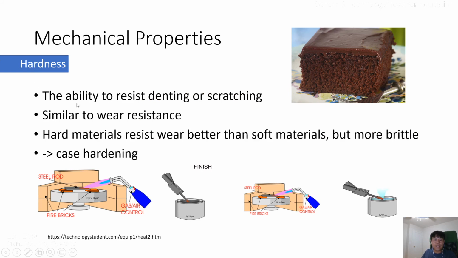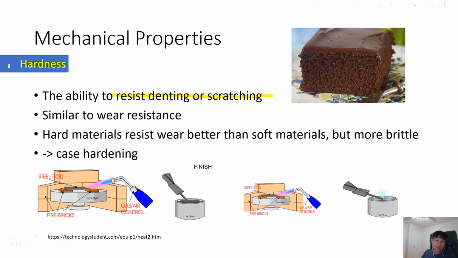All right, I have some other slides. Hardness is another important material property, the ability to resist denting or scratching. Hardness has pros and cons. If you have too much hardness, that means brittle. If we don't have enough hardness, that means it's too soft.